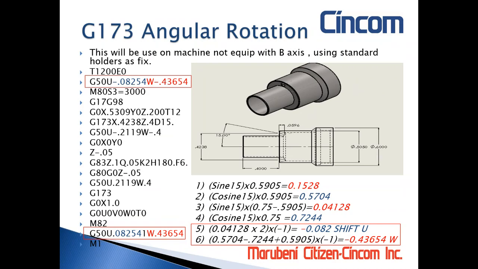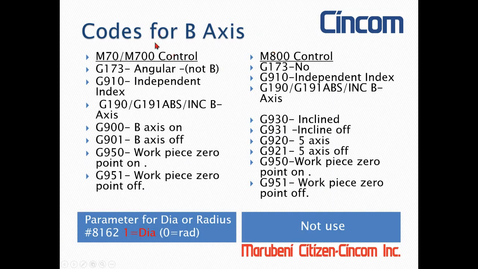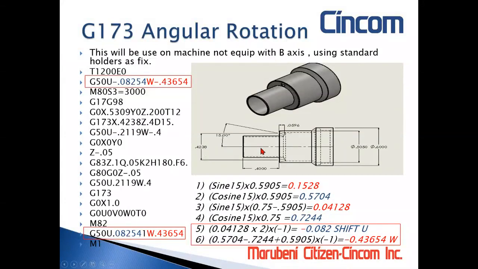First, G173, the angular rotation command, and we spoke about this before. I have a simple sample that we want to talk about. This is, as I said, to be used on machines not equipped with the B-axis, using the holder as fixed.